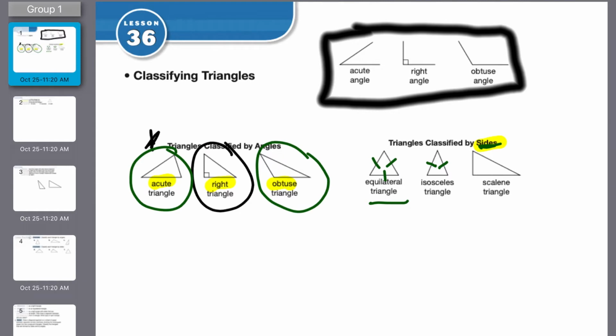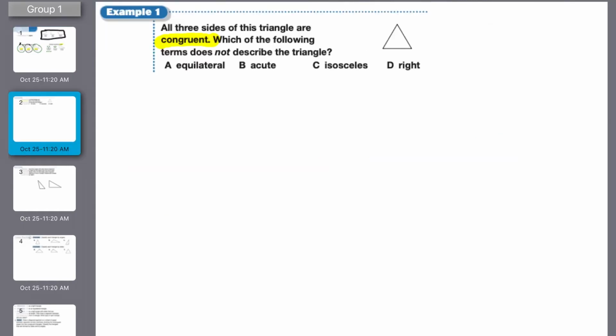So if you take a look at this triangle here from our example, it says, which of these does not? So is it equilateral? Equilateral means each side is the same length. Yes, it is equilateral. Okay, so that one checks out. Acute, if you take a look at the angles, yes, it has acute angles over here, less than 90 degrees, so that one checks out.